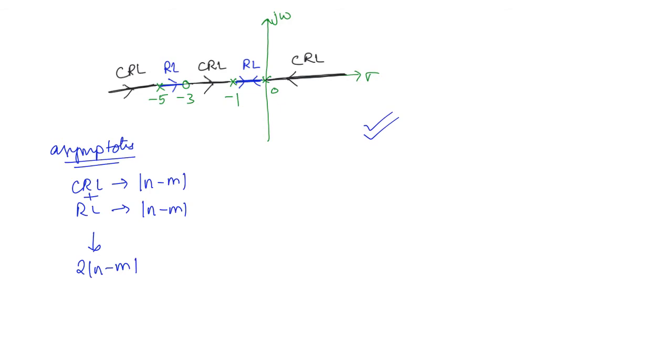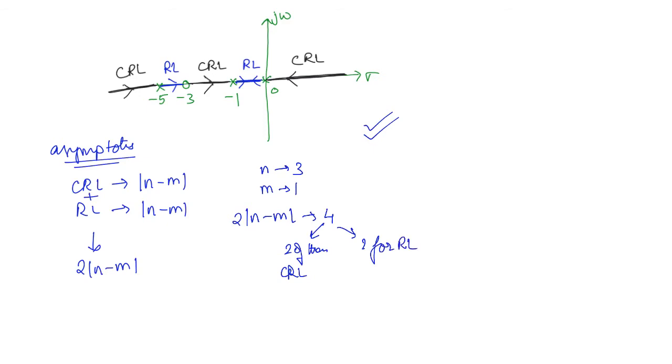In this example we have 3 poles and 1 zero. So 2 into mod of n minus m will be 4. 2 of them for CRL and 2 for the root locus.